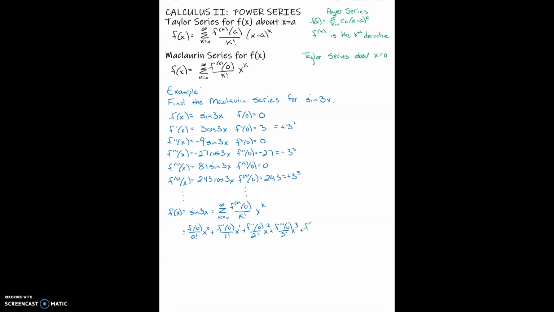When k is 4, it's the fourth derivative over 4 factorial x to the fourth. When k is 5, it's the fifth derivative over 5 factorial x to the 5th. Again, we could continue on, but we'll stop there. Now let's go ahead and fill in some of our values. We know those derivatives.